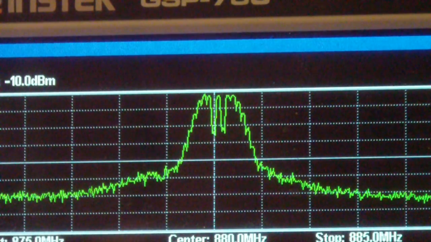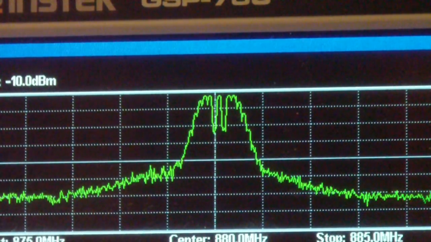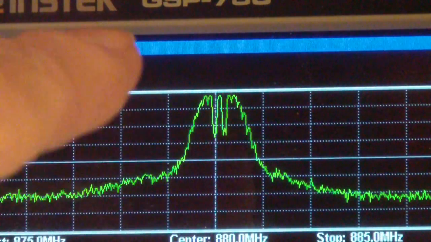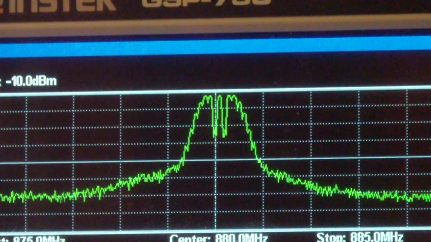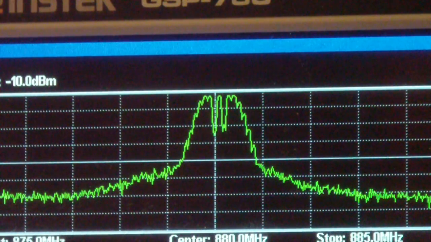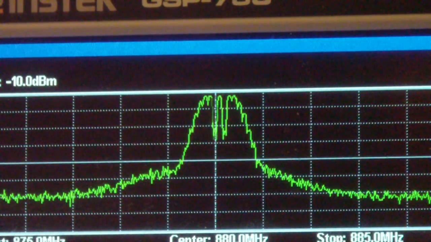Of course, the reason you want to make these measurements, you would like to have all of your channel power in your bandwidth, that is in your channel, not in the adjacent channels, not only because it might interfere with another, for example, let's suppose this is a cell phone tower.